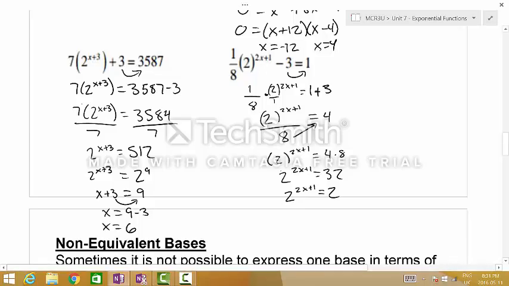So I'm going to change that 32 to 2 to the power of 5, which gives me a common base. So I can ignore the bases, just have the exponents equal each other, and eventually solving for x, we end up with x equals 2.